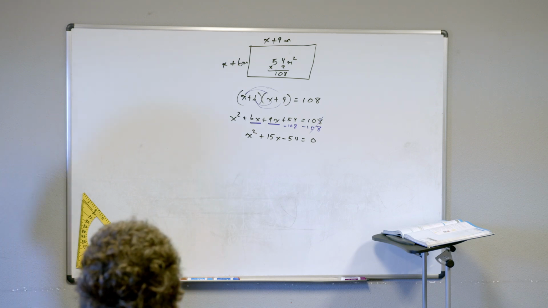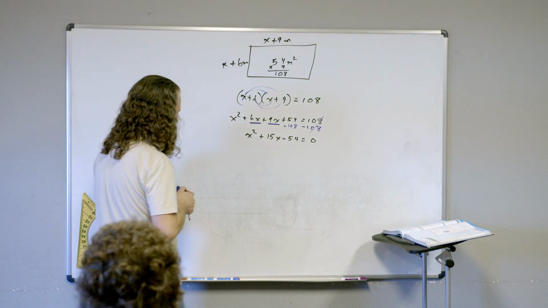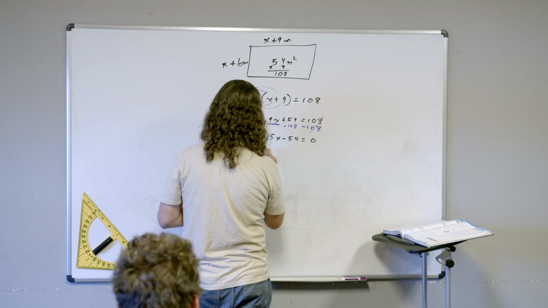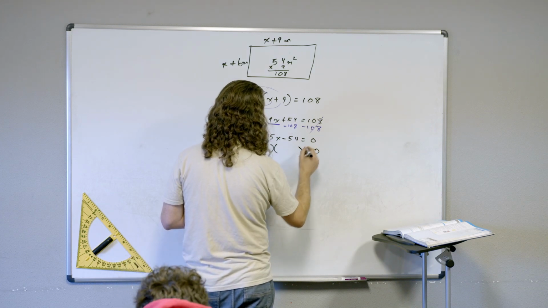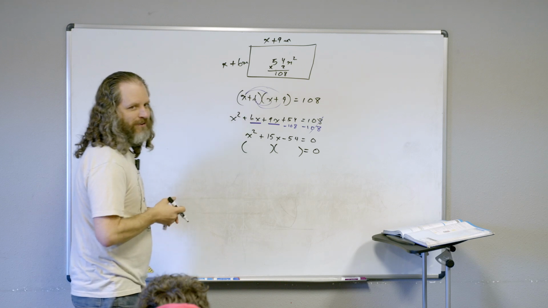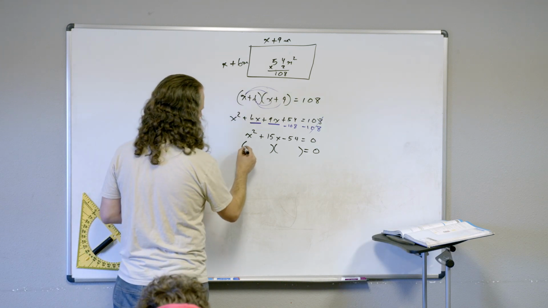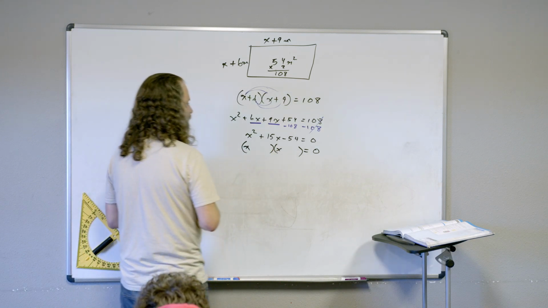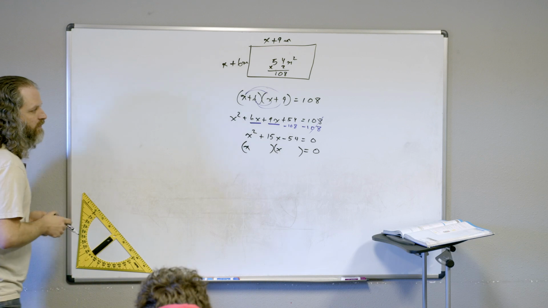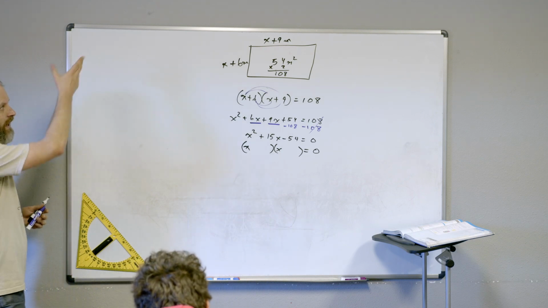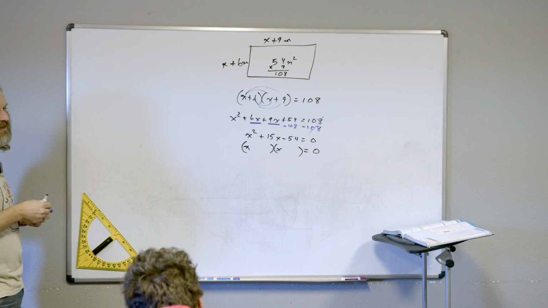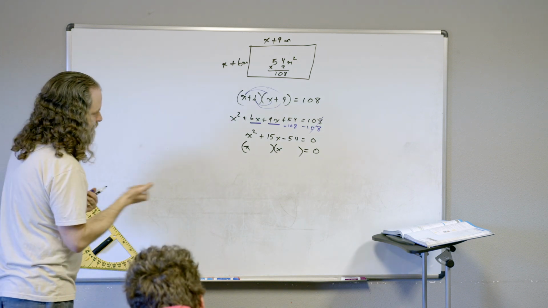Now what? Now, refactor it. It's probably going to factor because it's a textbook problem, right? If this was real life, we'd end up having to complete the square or use the quadratic formula, but this is a textbook problem, so it's probably going to factor. 54 is kind of ugly, so let's take a second to list the factors of 54.